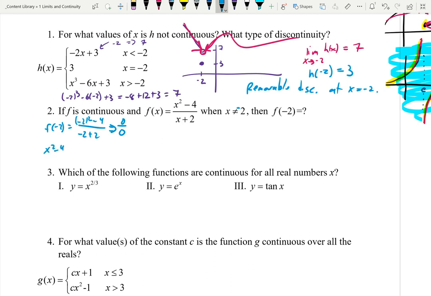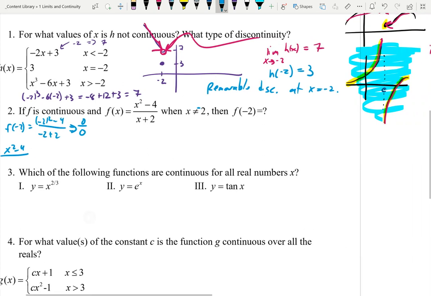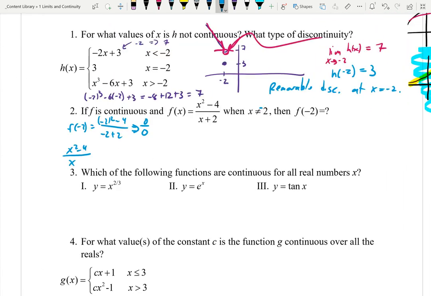Now I know that x squared minus 4 over x plus 2 can be factored into x plus 2 times x minus 2 over x plus 2. And so as long as x is not equal to -2, this function right here is really just the graph x minus 2.